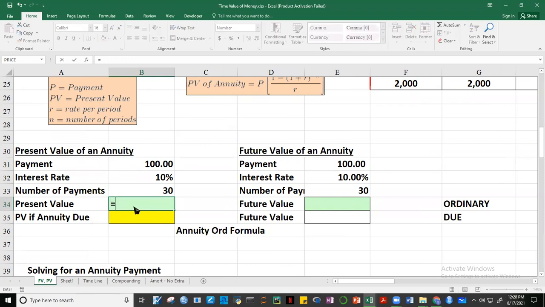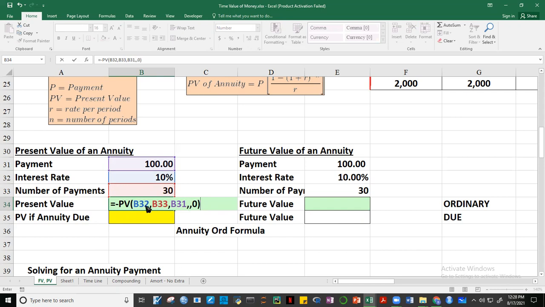Okay, so if it's annuity ordinary, again what we did earlier, present value. Our rate is 10%, comma, NPER is 30 years, comma, our PMT 100. Okay? So we have no future value, so I'll ignore this. Type is 0. So if we look at this syntax, guys, you can just delete the 0, you can delete the future value.